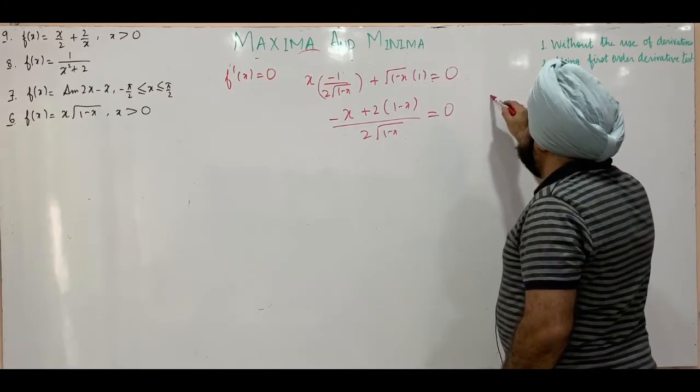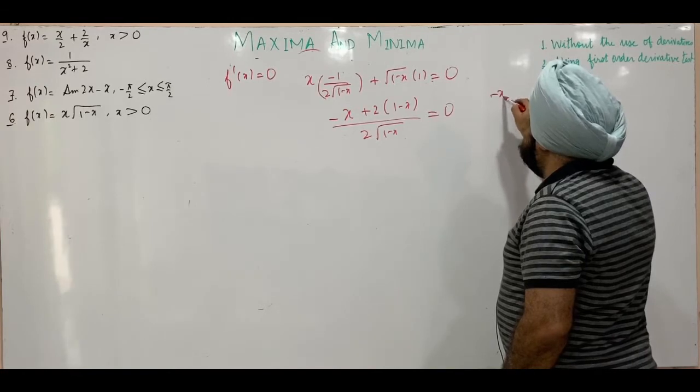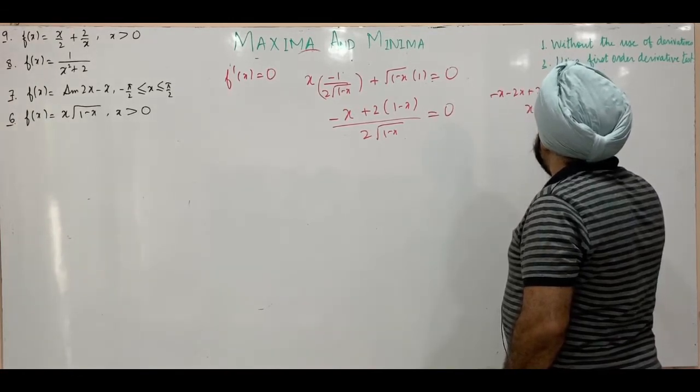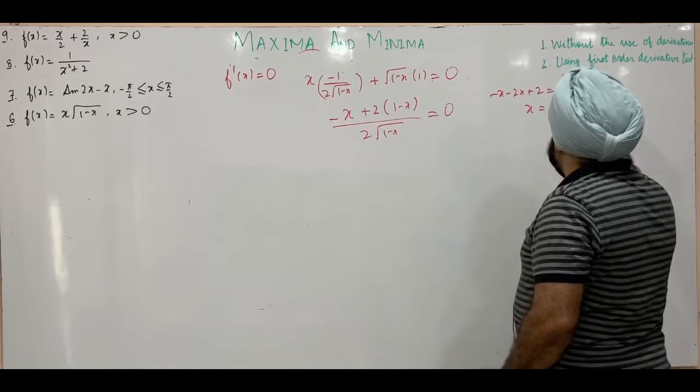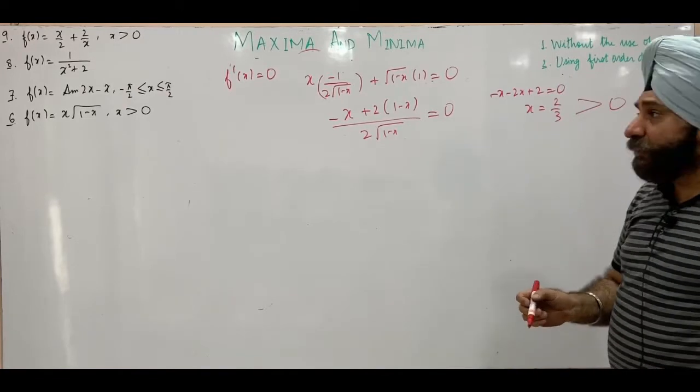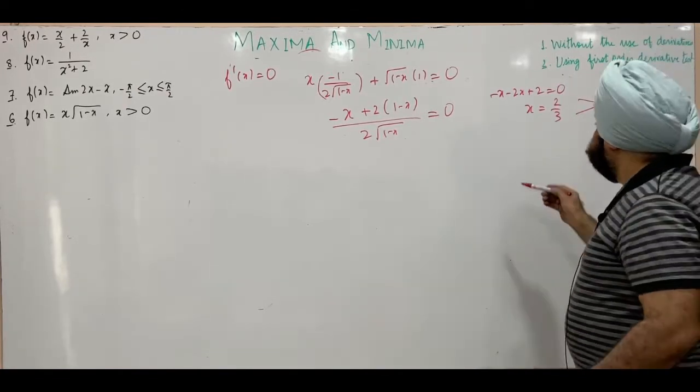This means minus x minus 2x plus 2 is 0, or x is 2 by 3, which is positive. So this is critical point. This may be point of maxima or point of minimum.